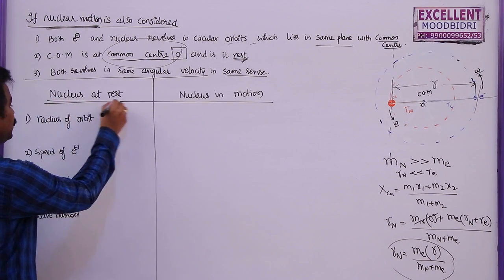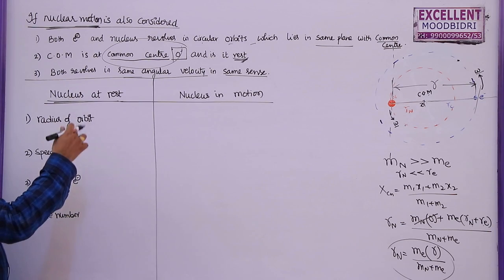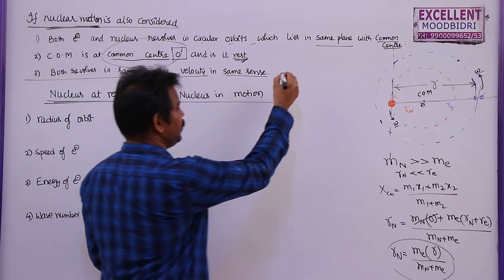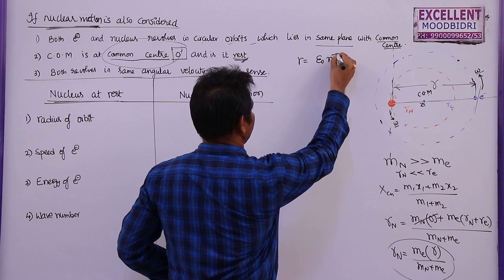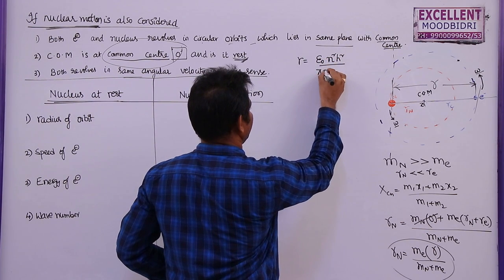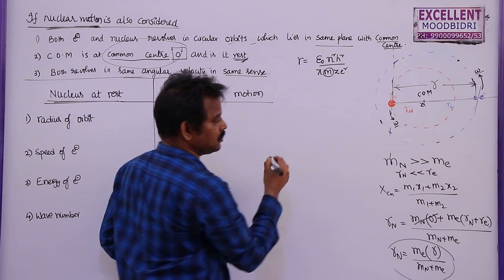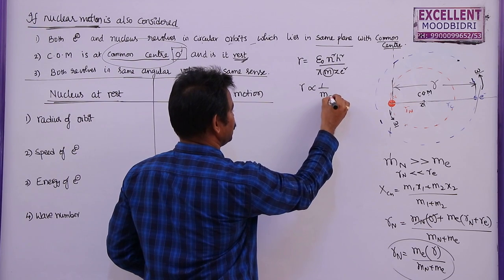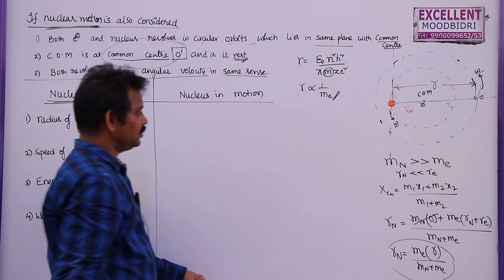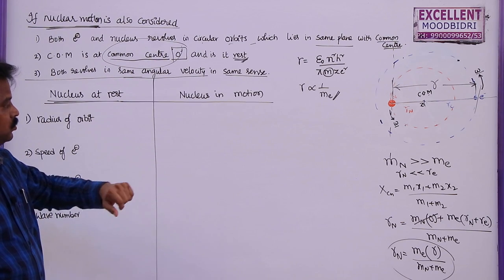If the nucleus is at rest, we know the radius of the orbit in which the electron is revolving. The radius expression is r is equal to epsilon naught n square h square by pi m z e square. Here m is the mass of electron. So radius is inversely proportional to mass of electron. But here, instead of mass of electron we need to take the reduced mass.